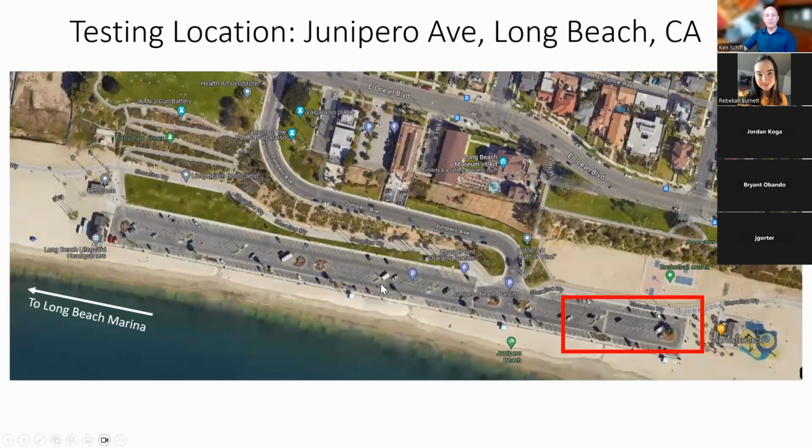For those of you that are from Southern California, you might recognize this. This was in Long Beach. And this is where they'll be having some of the Olympic sailing in 2028. So this one's at the end of Junipero Avenue. And this red box represents where we did our study.